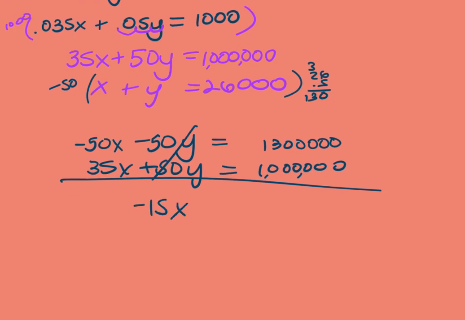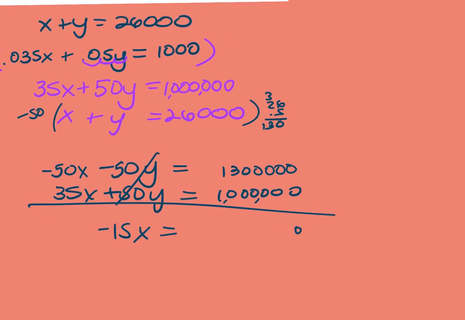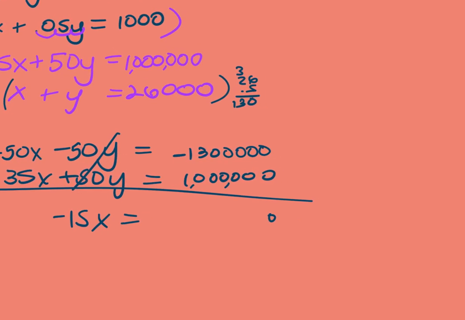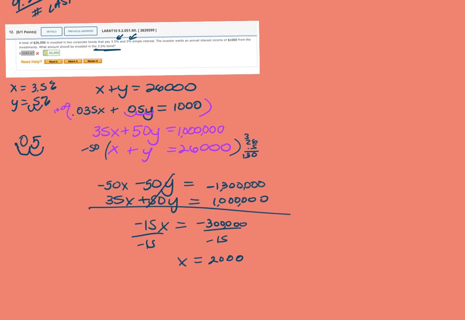I get negative 15x equals, was one of those negative? Yes, this should be negative. 1.3 minus 1,000,000. One, two, three, four, five. Nope, I had one too many zeros. Sorry. And that's negative. And then when you divide by the negative 15, you get 20,000.